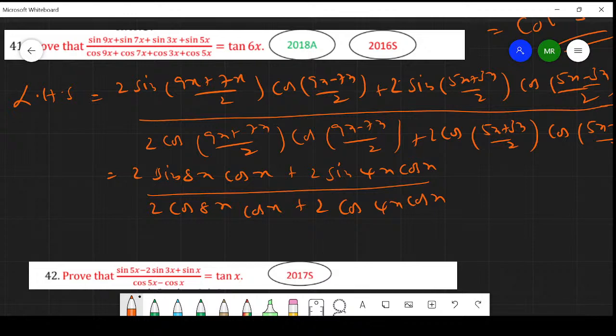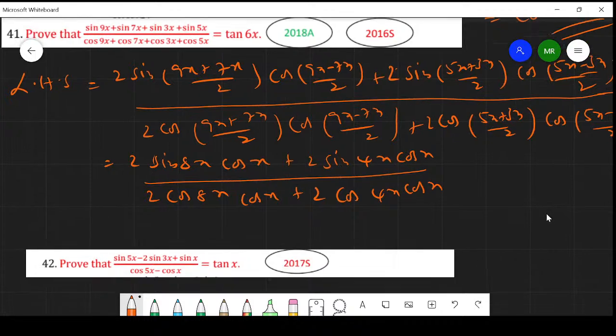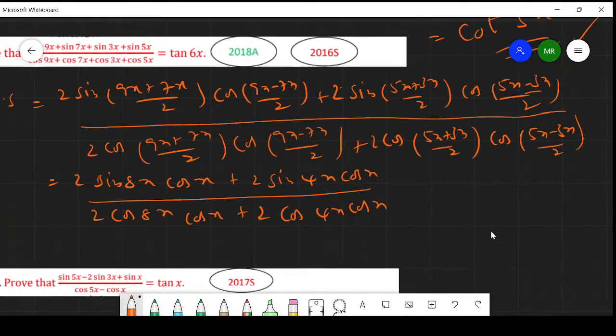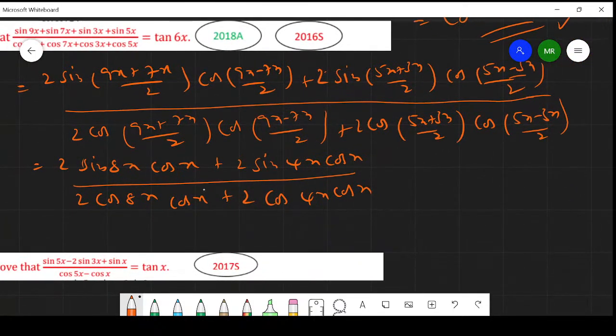I can take the whole cos x common. Be careful here, I can take only cos x common.